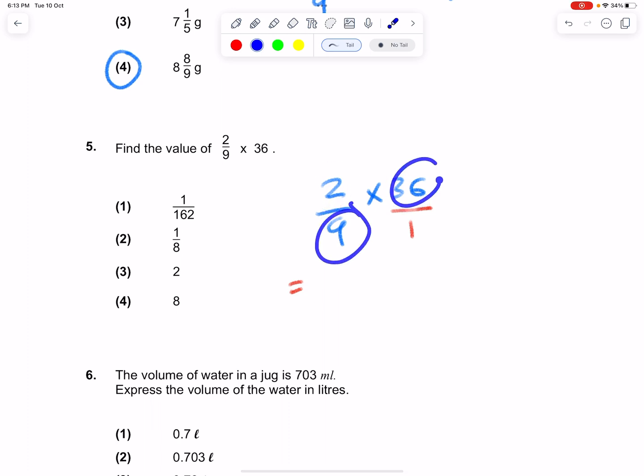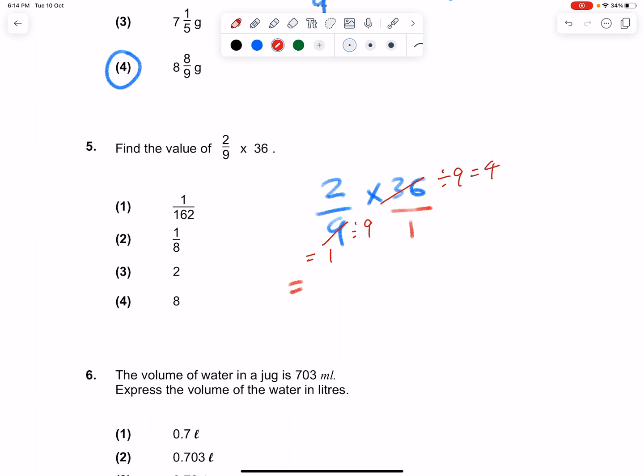So 9 and 36 can be divided because it's diagonally across. The highest common factor will be 9. Divided by 9 equals 1, divided by 9 equals 4. So 2 times 4, your answer would be 8 over 1 times 1. So your answer is 8. That's option 4.